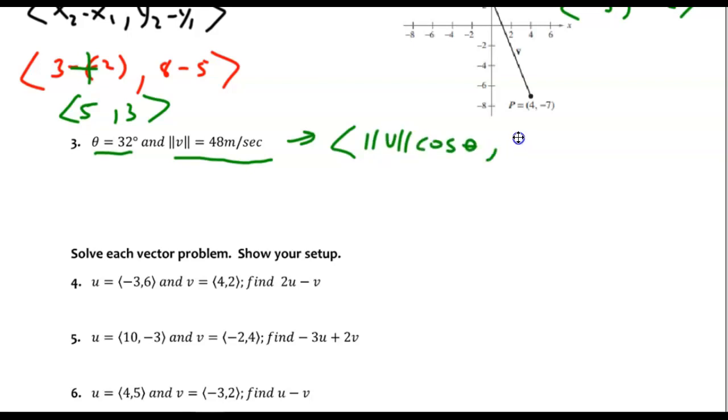And then we do the magnitude of V, our vector, times sine of theta. They gave us theta, and they gave us our magnitude. So now it's just substitution.